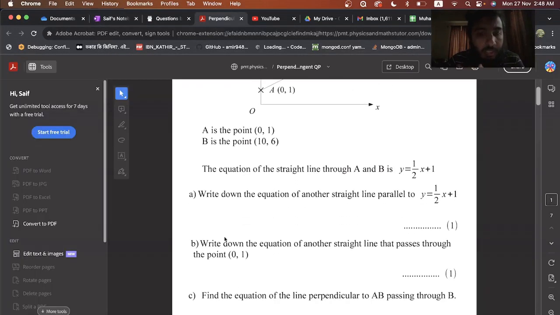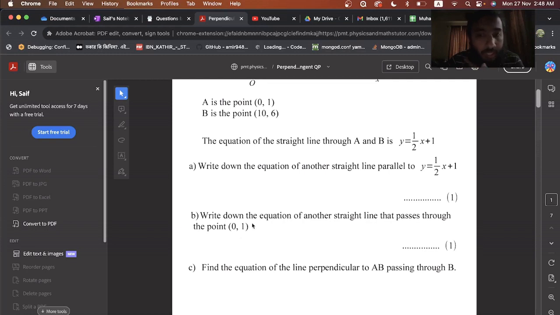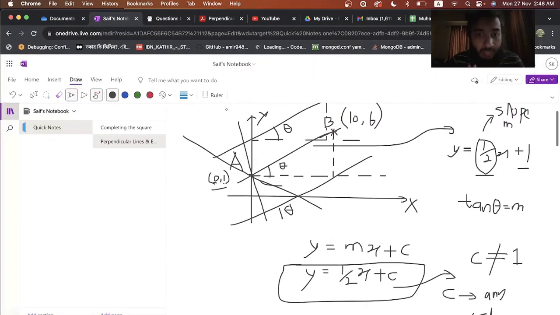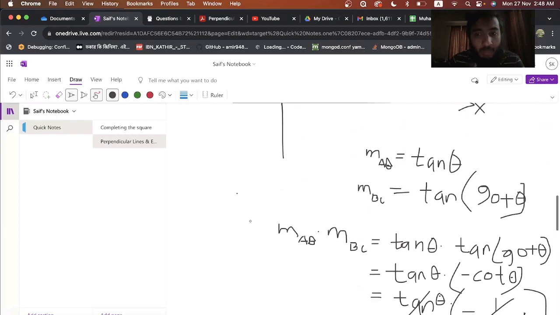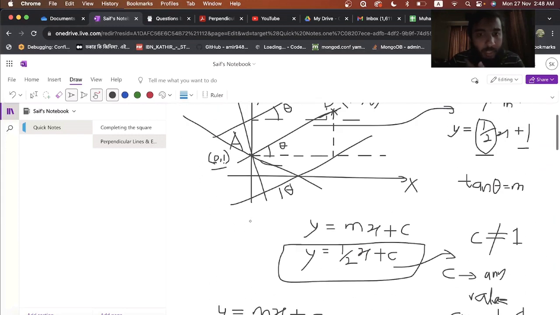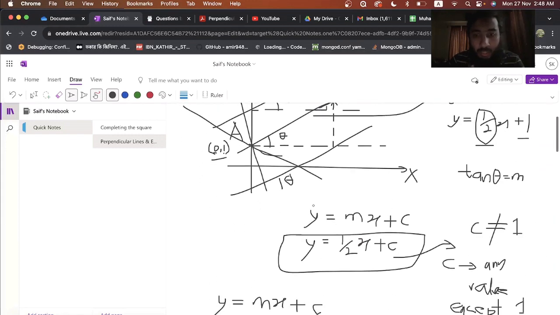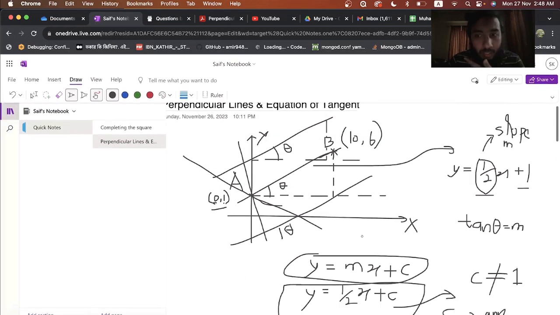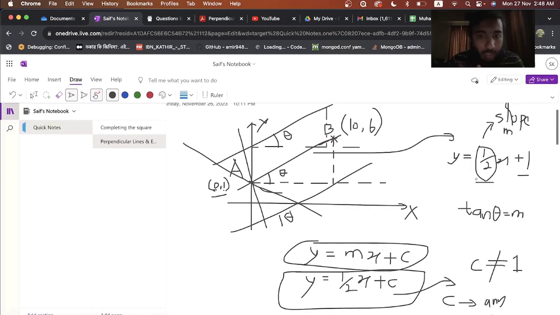For the second question, I have to find the equation of a straight line that passes through the point (0, 1), the point A. Because it goes through the point A, I can use the standard formula, using the x and y coordinate values to find the value of the constant, not the slope.